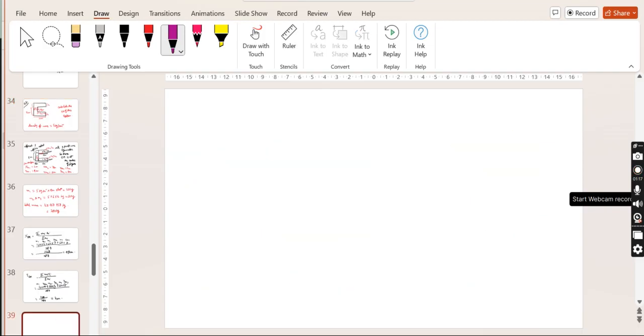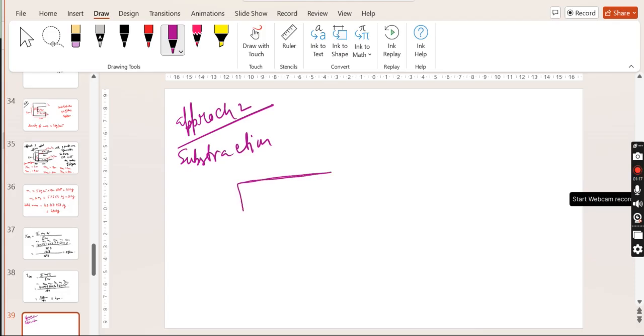Now we want to see whether the subtraction method gives the same result or not. So via the subtraction method, we will take two things.